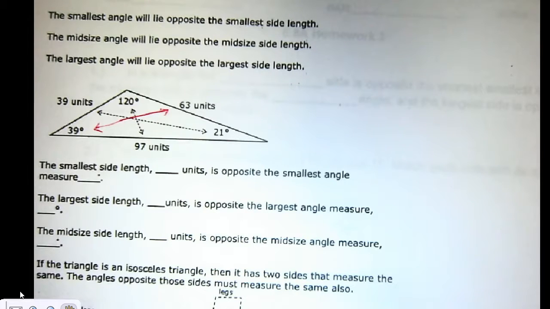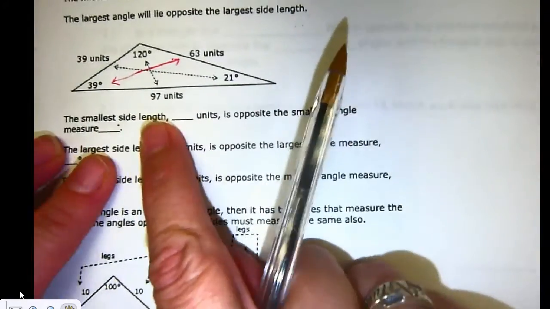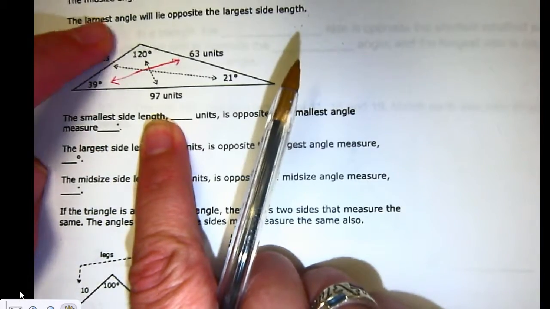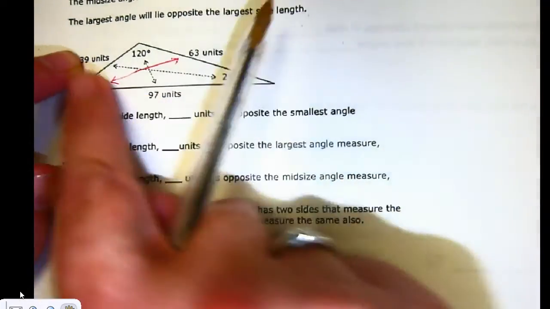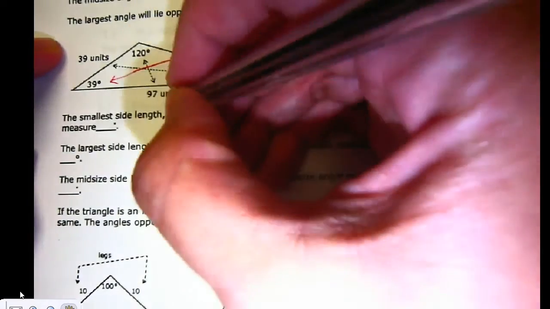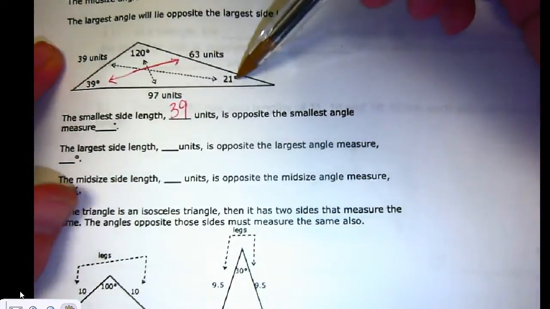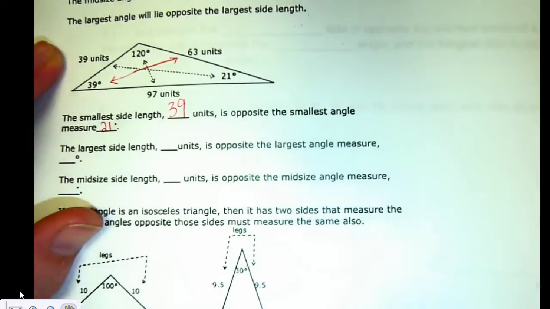Smallest angle is across from the smallest side. Largest angle is across from the largest side. Alright, so here we go. The smallest side length is 39. We already said that: 39, 63, and 97. So the smallest is 39 units, and it is opposite the smallest angle, which measures 21. I've got it zoomed in really far. My hand's kind of squished.